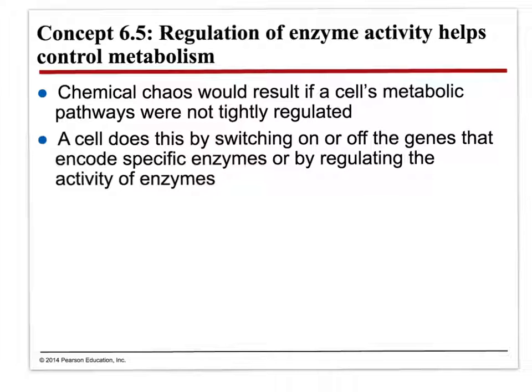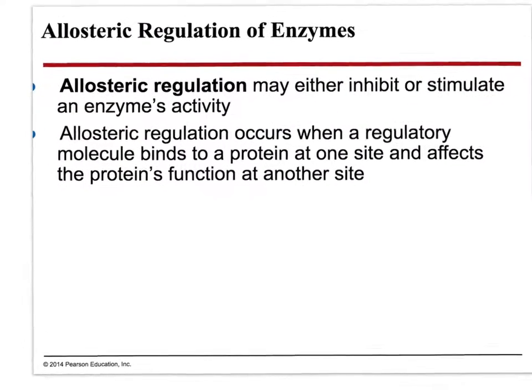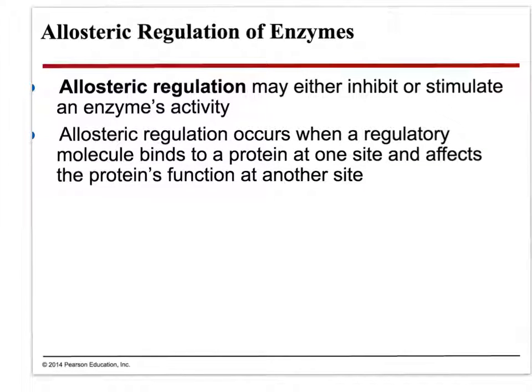Instead, there are more efficient, easier ways to control activity. So we can either control the expression or we control the activity. The activity is a lot easier to control.